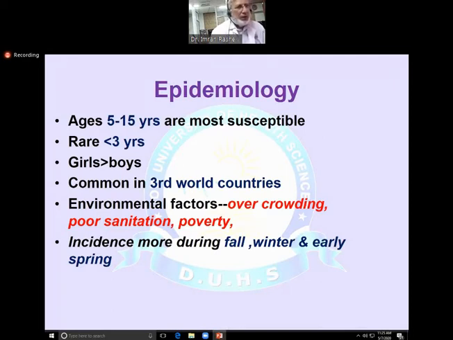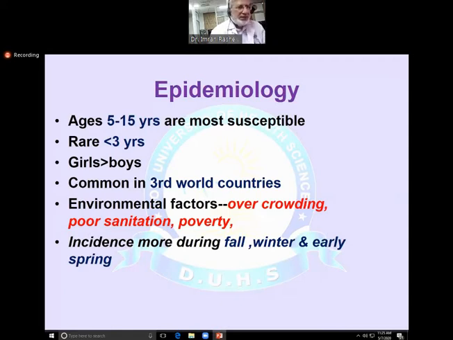It's common in third world countries, that is, developing countries. The environmental factors related to this disease are overcrowding, poor sanitation, and poverty. Because of overcrowding, if someone is suffering from this disease, he can transfer the same bacteria to a nearby person.